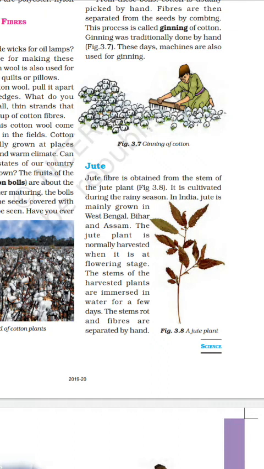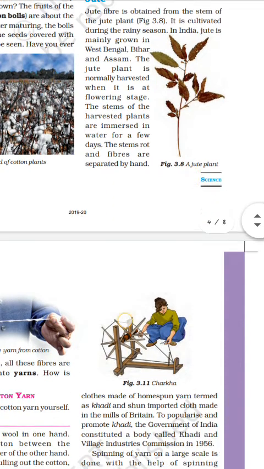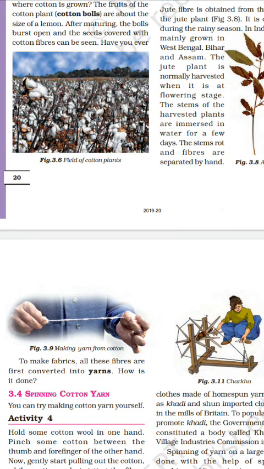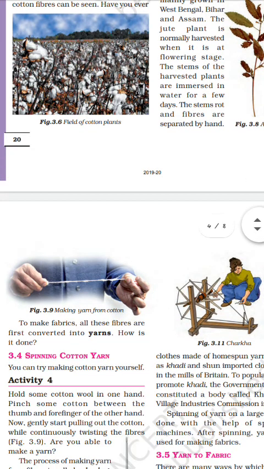When it has grown flowers, the stem of jute is harvested and immersed, which means it is soaked in pond water for a few days. Then its stems are taken out, it is made stronger, and it is converted into yarn. Then jute fabrics are made.